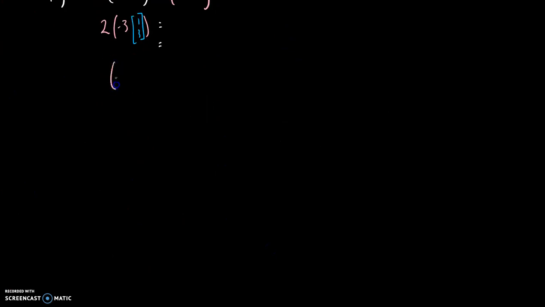On the inside we get negative 3 times 1, which is negative 3, and then negative 3 times 3, which is negative 9. And then we're going to multiply that by 2. What are we going to be left with? 2 times negative 3 is negative 6, and 2 times negative 9 is negative 18. Again, I'll let you verify that right side.